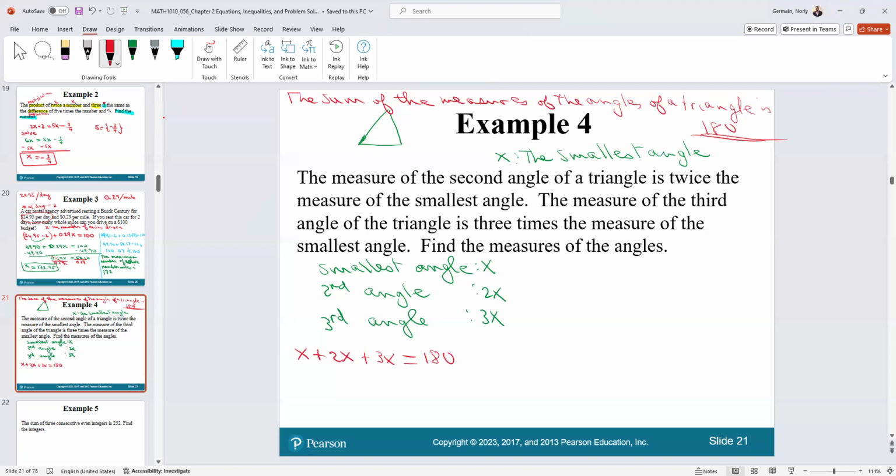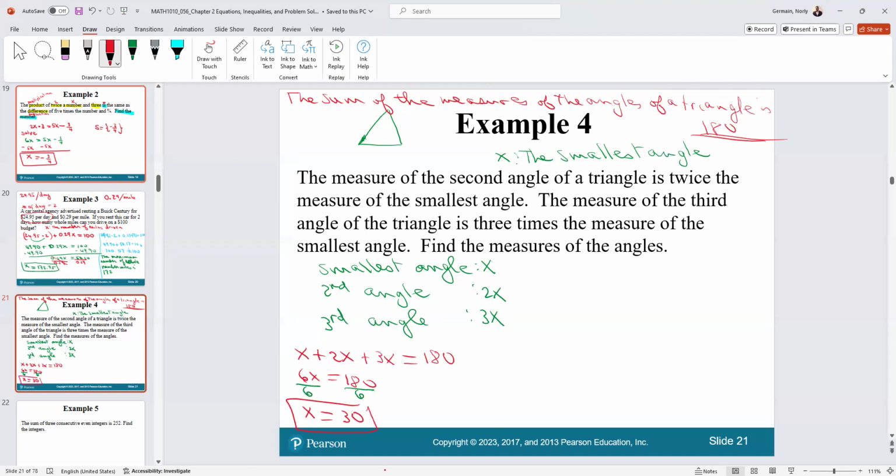So 1x plus 2x plus 3x gives you 6x equals 180. Remember, the coefficient of x, then you need to divide by the coefficient, on both sides. And now it gives you only x. 180 divided by 6 gives you 30, if I'm not mistaken.